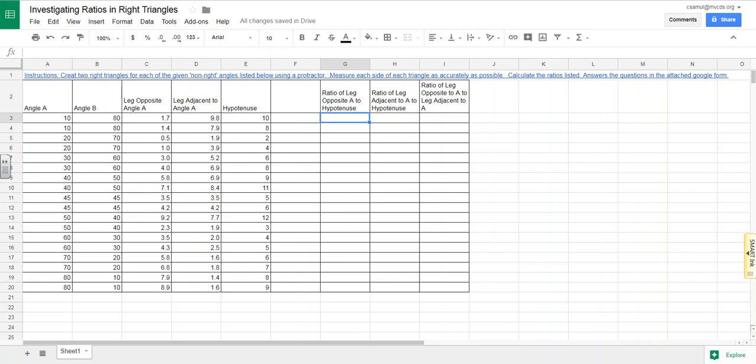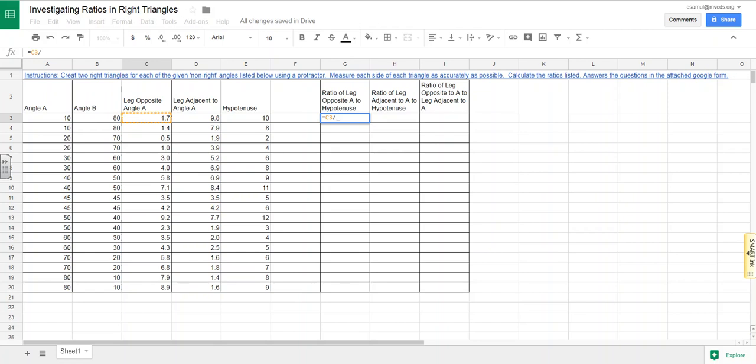So I'm trying to make an equation, and the way that I can indicate to Google Sheets that I want to make an equation is to type in the equal sign. Then I'm trying to calculate the ratio, so I'm trying to divide the leg opposite A and the hypotenuse. I'm going to use the slash to represent division.